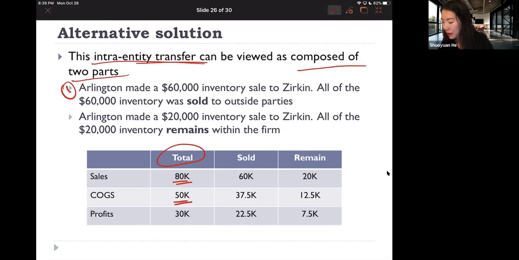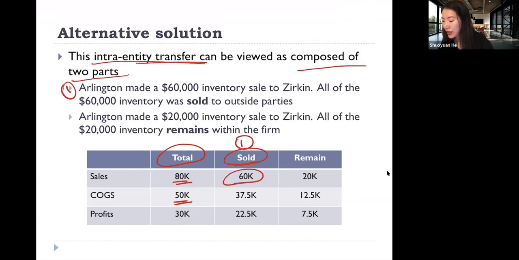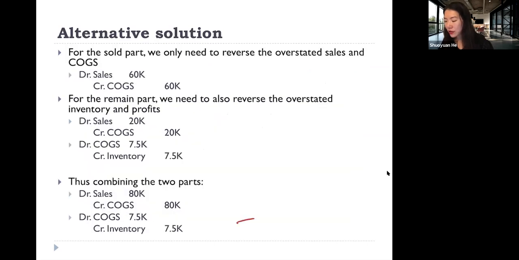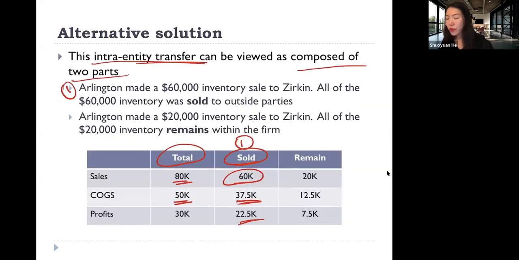It can be decomposed into, first, all has been sold, and the cost of goods sold associated with this 60,000 inventory that has all been sold is 37.5 thousand. The profit associated is 22.5 thousand. The remaining is 20,000. Cost of goods sold associated with this 20,000 is 12.5 thousand. The profit associated is 7.5 thousand.